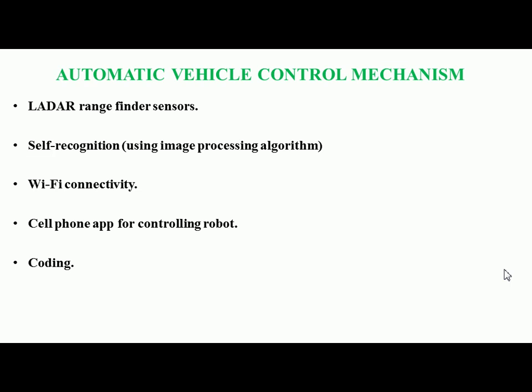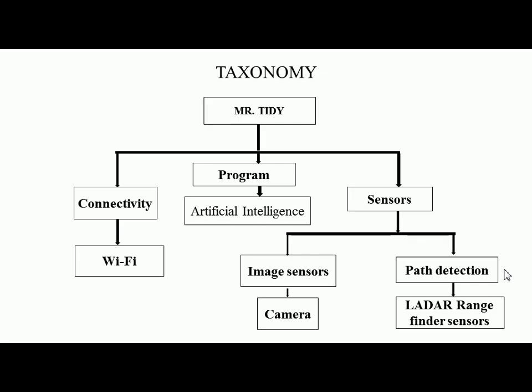A cell phone app for controlling the robot: I'm implementing a small remote control app so that we can give instructions to the robot in order to pick the objects accurately. The code is loaded on the Arduino board, which is user free, and any user can implement their own software.